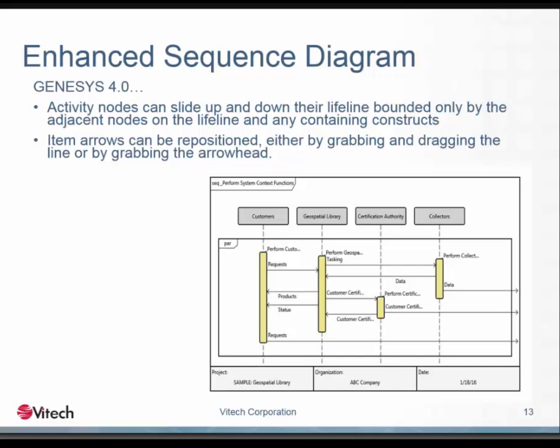The enhanced sequence diagram design provides capability as well. This diagram was available heretofore, but has been enhanced in terms of its usability in Genesys 4.0. Part of the magic of the Genesys sequence diagram is that it's automatically computed from the structure of the underlying model.